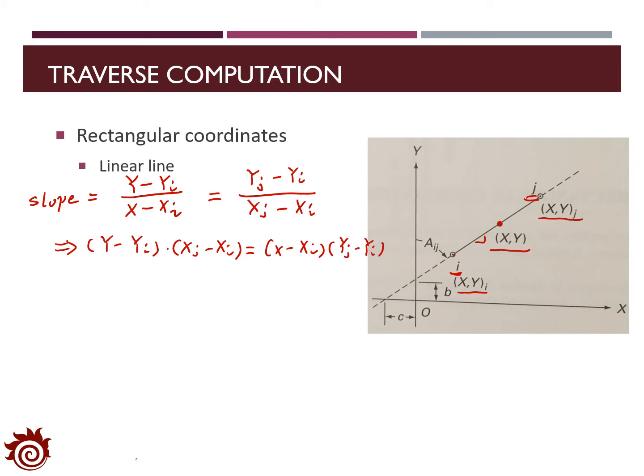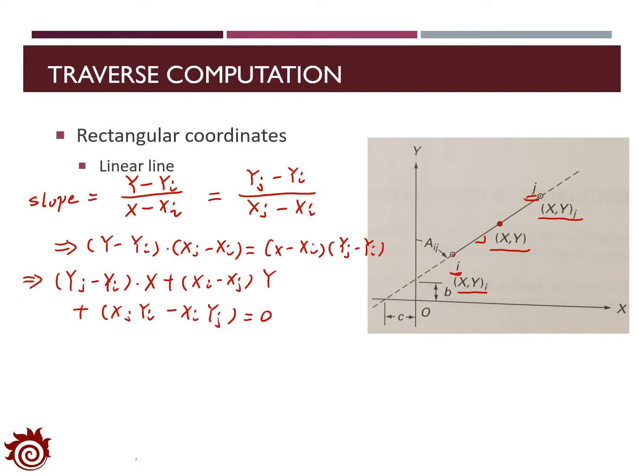We can further simplify this equation as yj minus yi times x plus xi minus xj times y plus xj yi minus xi yj equal to 0.